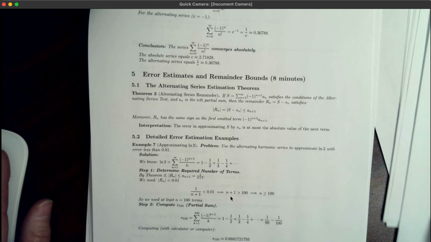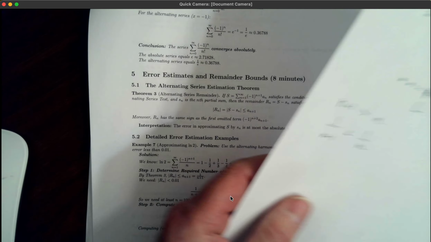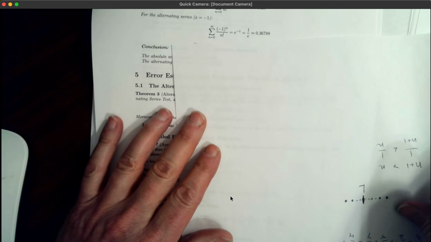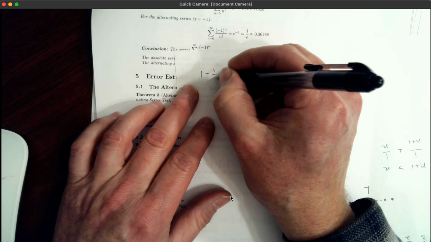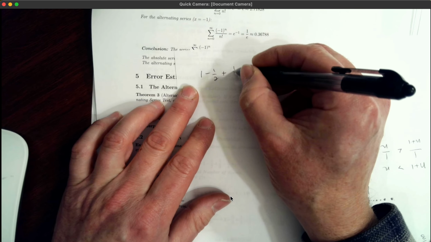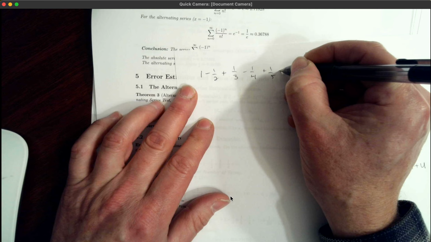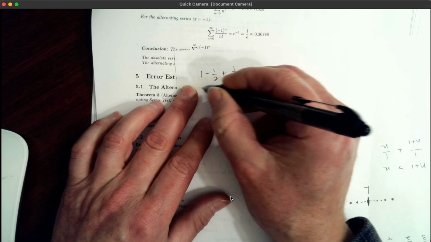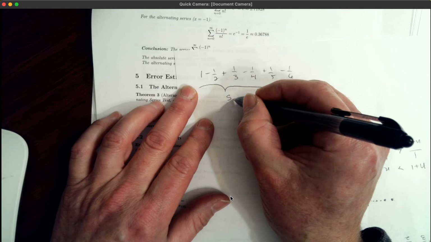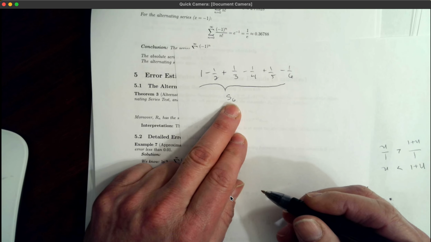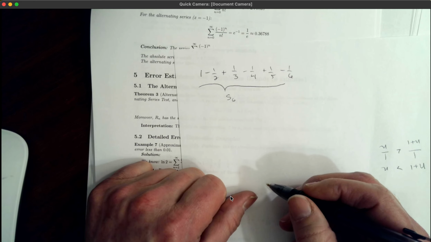So for example, let's say this is our series: 1 minus a half plus a third minus a fourth plus a fifth minus a sixth. This would be S sub 6, the sixth partial sum, the sum of the first 6 terms, right?